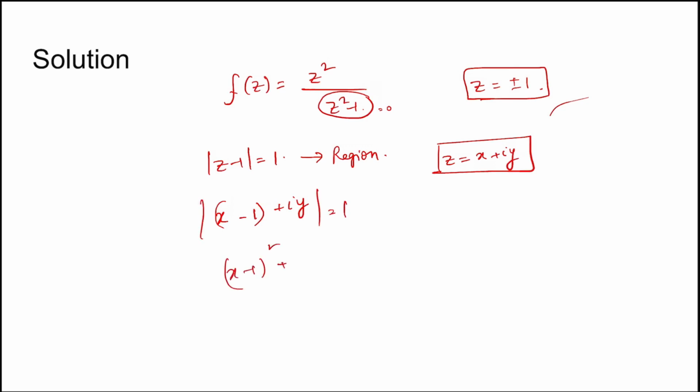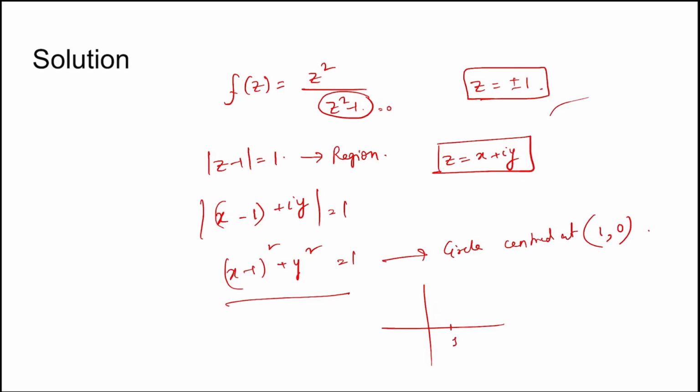So we are getting x minus 1 whole square plus y square equal to 1, squaring both sides and finding the magnitude. So this indicates that it is a circle centered at 1, 0, and the radius is 1. So it is like this.